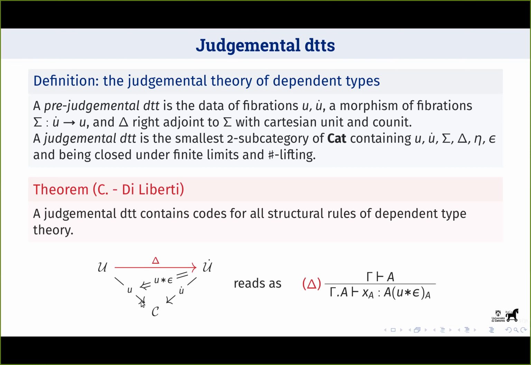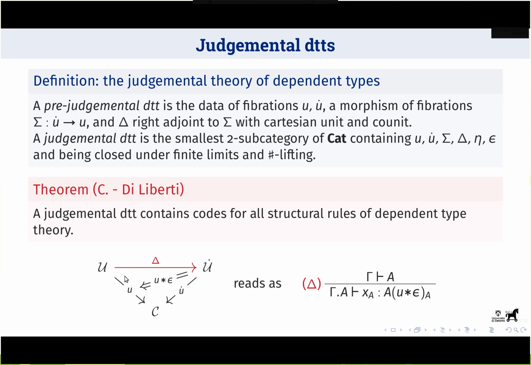This is just to say that we want these rules to have an underlying context morphism, which is the projection of gamma dot A to gamma.